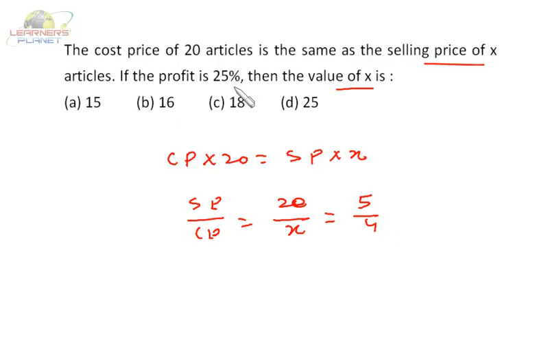Since profit percent is 25%, this ratio SP by CP will be 1.25, or we can say 5 by 4. So X will be equal to 4 into 20 by 5, which is 16. I hope you are getting my point.